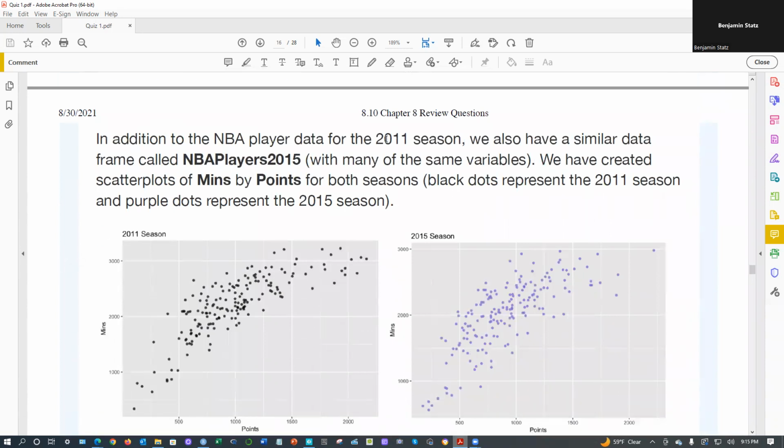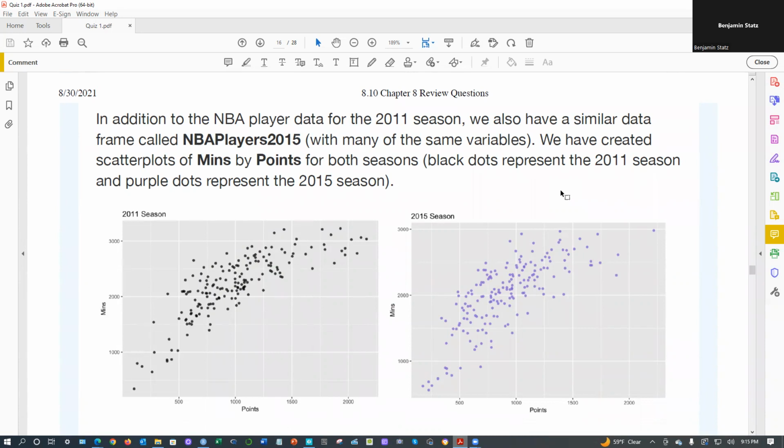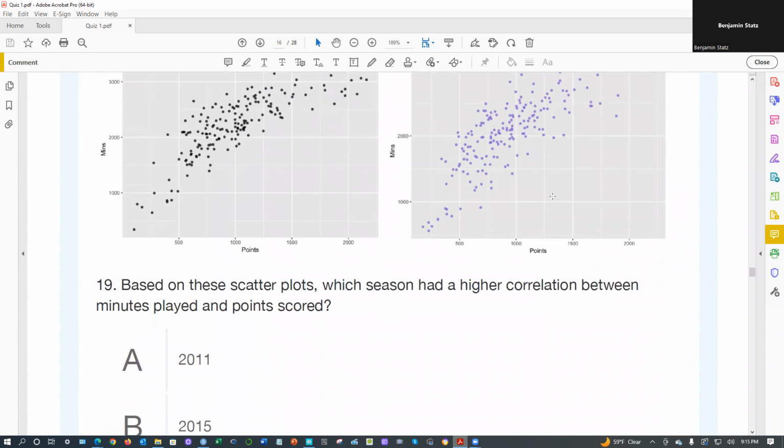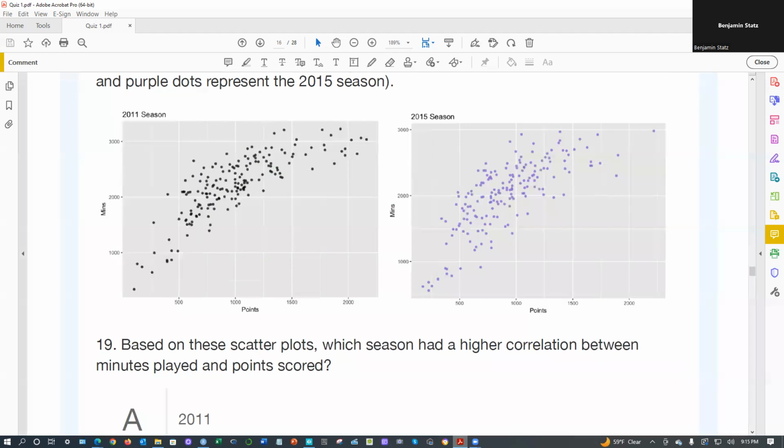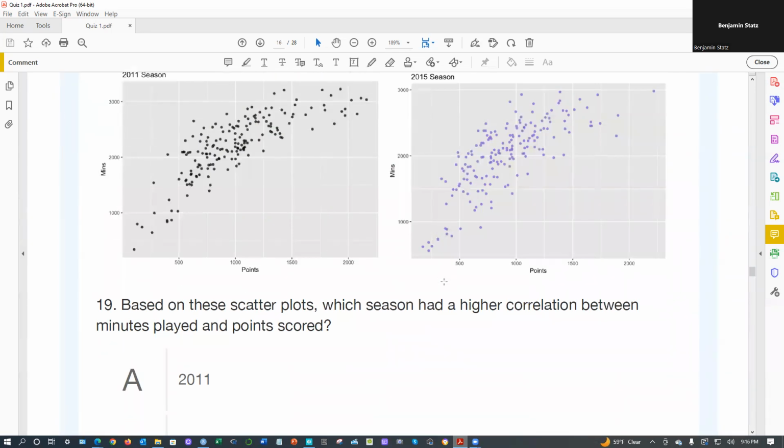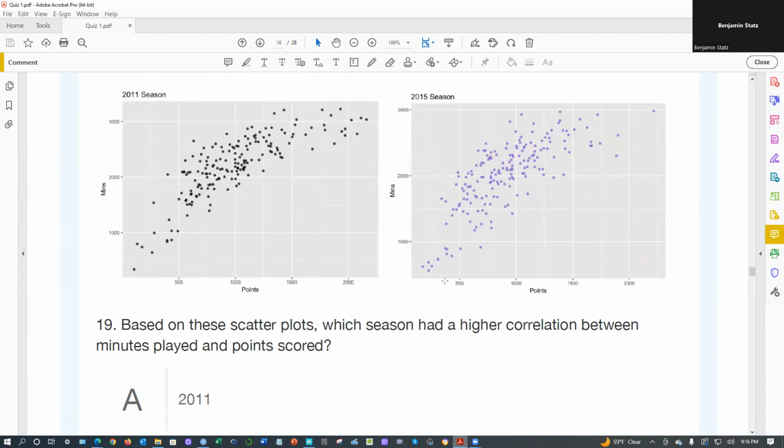Based on this scatter plot, which season had a higher correlation between minutes played and points? See, minutes versus points, two years, 2011 on this one. Which year would have the higher correlation?